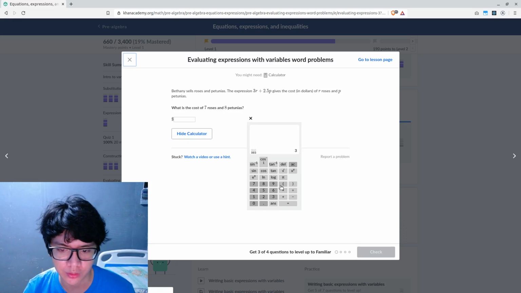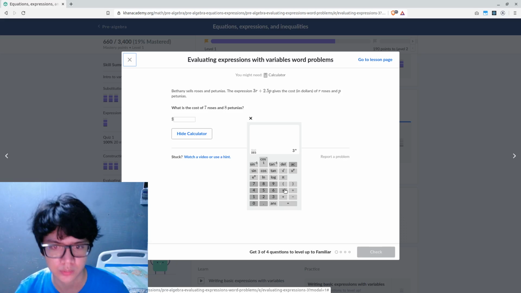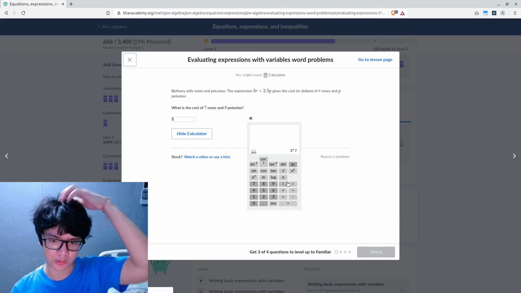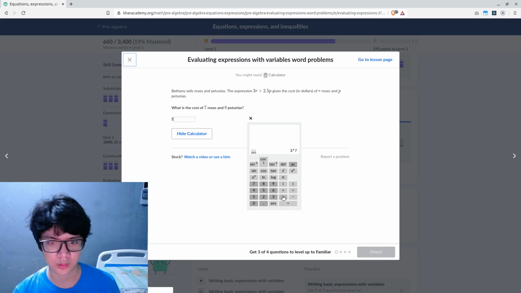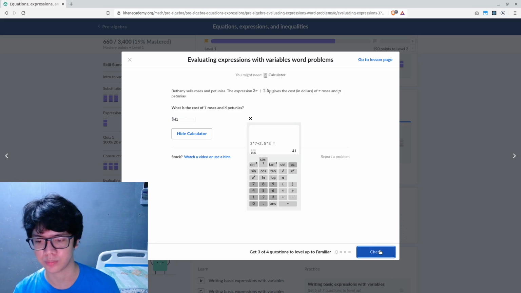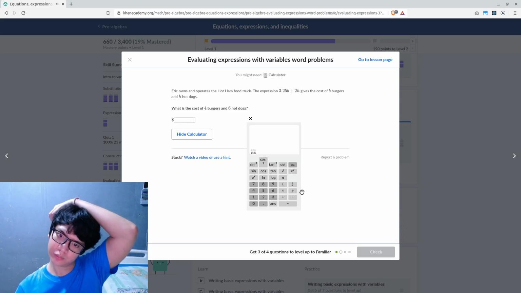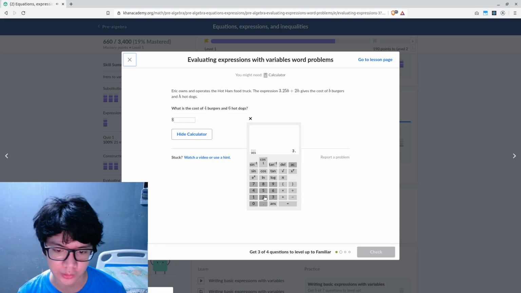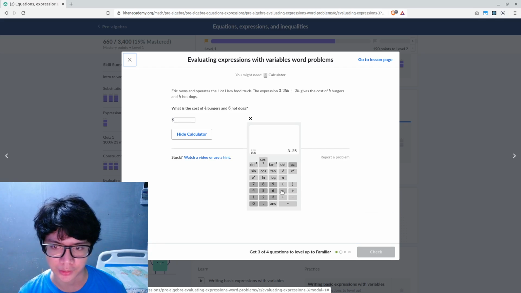Okay, so we have 3 times 7 plus 2.5. Oh, I'm allowed to use a calculator. This is cool. I like it.